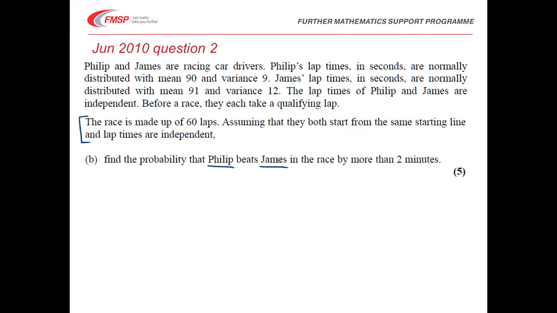So there are 60 samples for James and there are 60 for Philip. So let's define x as being all of the lap times of Philip. Now they're each different, so we can't just combine it in the normal way. We have it in the way that we sort of did in S1. We need to realize that they are all different.